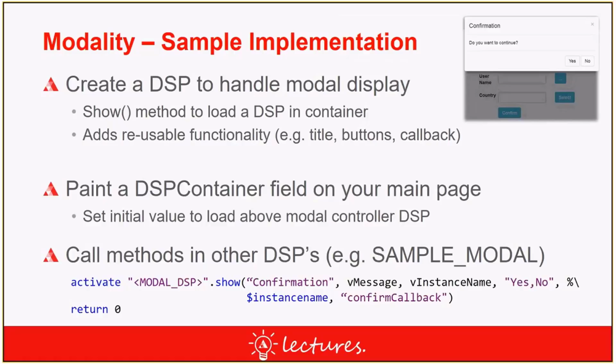So in this case, $instance_name is the component I'm running, and I've written a method called confirm callback, and once they click yes or no, it will actually call that method and tell them what happened. Again, returning 0 because on it we always want to give a success status.